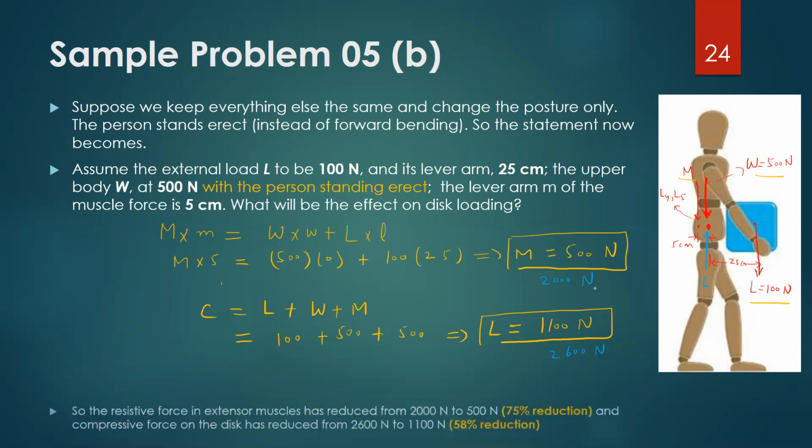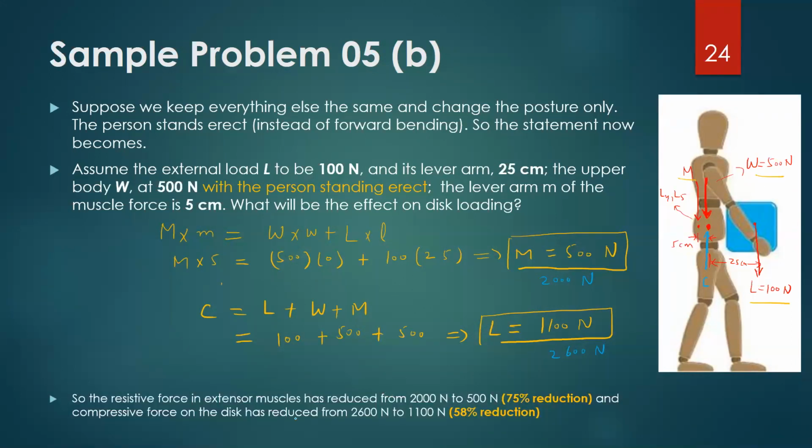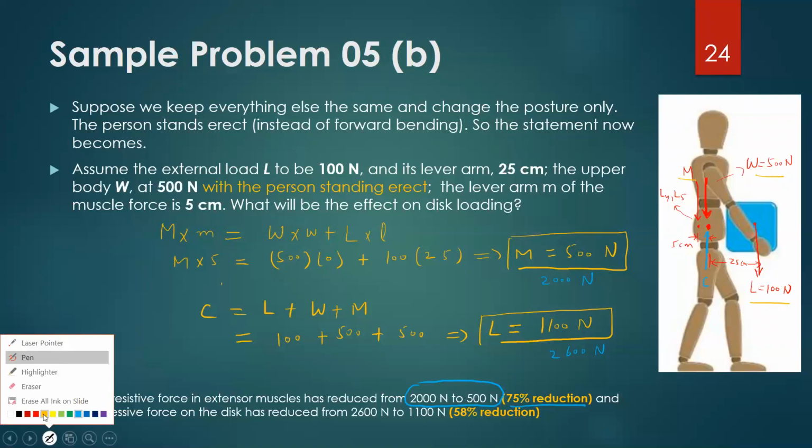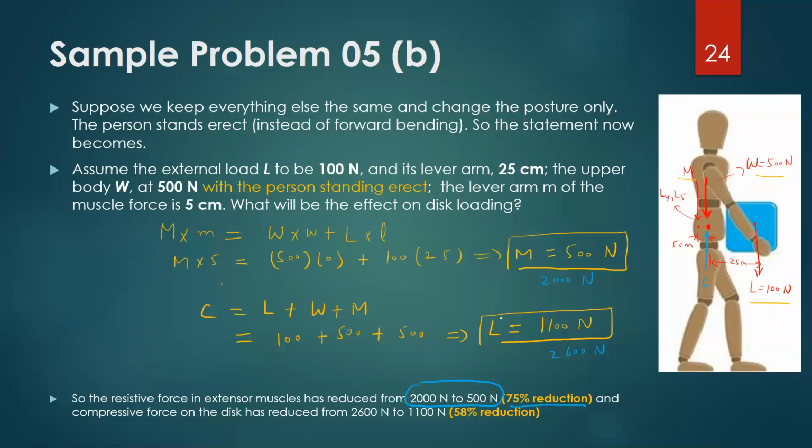So by just changing the posture, the force has reduced. This force M, muscle resistive force, has reduced from 2000 to 500 newtons. That is a 75% reduction. And this, sorry, this was C, the compressive force. So that has reduced from 2600 to 1100 newtons.